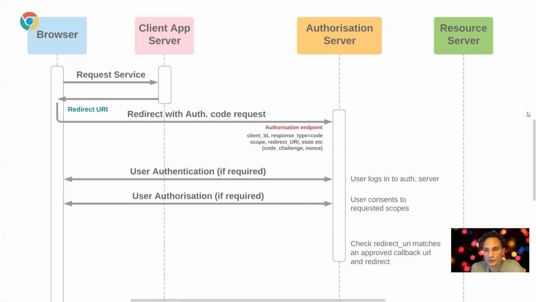The authorization server also will check that the redirect URI that's provided matches one of the whitelisted URLs that are approved for callbacks to the client app server. This mechanism allows us to ensure that the authorization server is not passed a URL for redirect that is potentially not under the client app server's control or designed for this purpose.